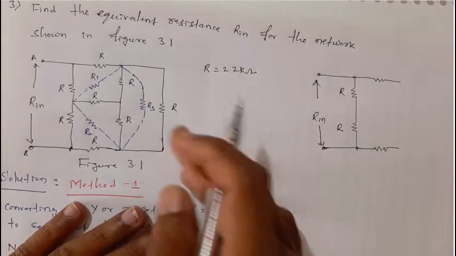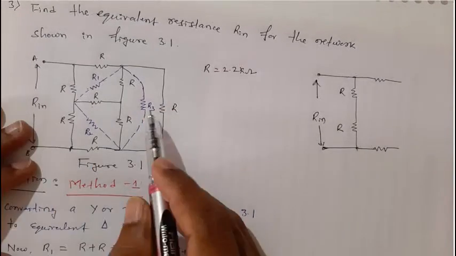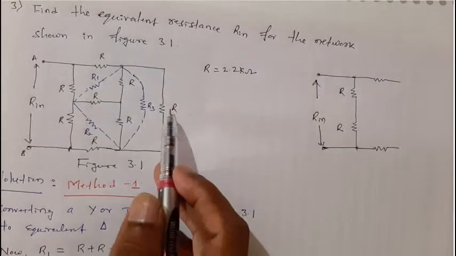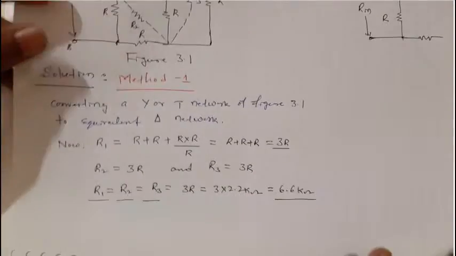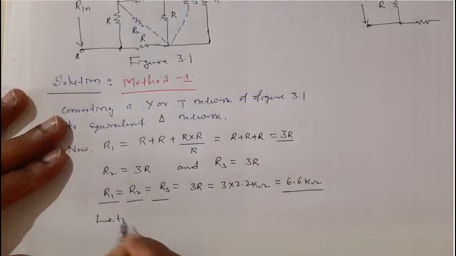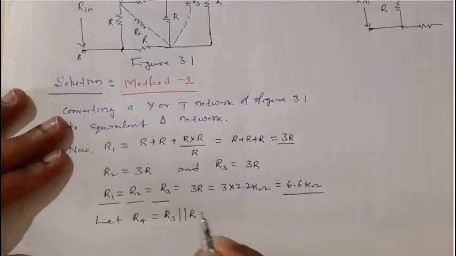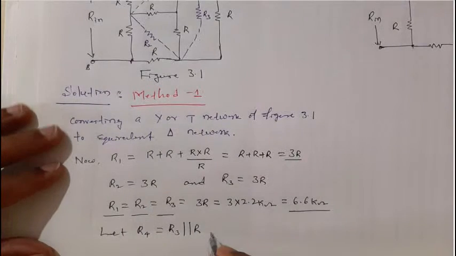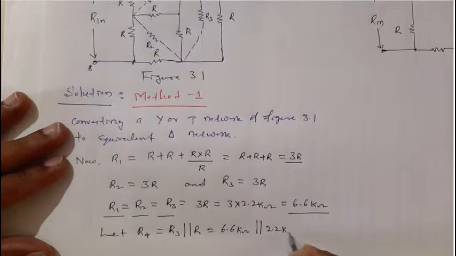Okay, so anyhow, this we will consider later. And here dear students, before we proceed further, you can see here R3, the converted R3, and this R, both are in parallel. Okay, so here itself, before I draw this, I'll write let R4 is equal to R3 parallel R. Because this is R3 and this is R, this is how much, 6.6 kilo ohm parallel with 2.2 kilo ohm, right?